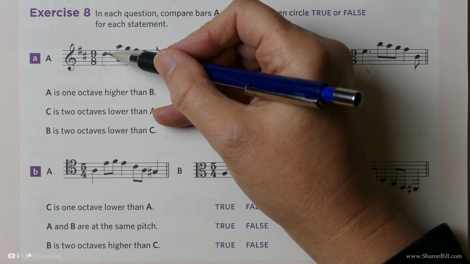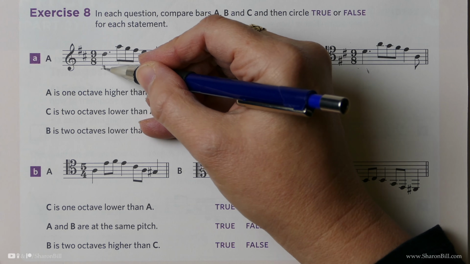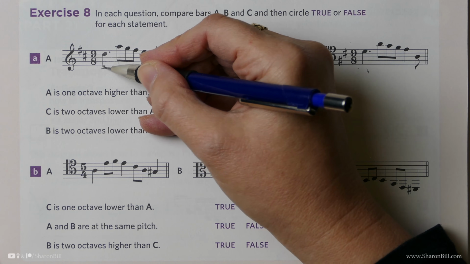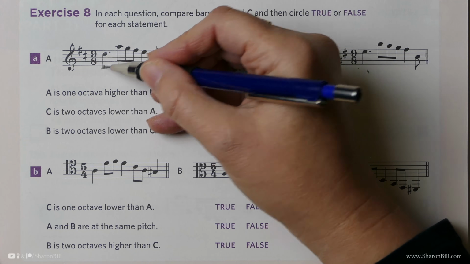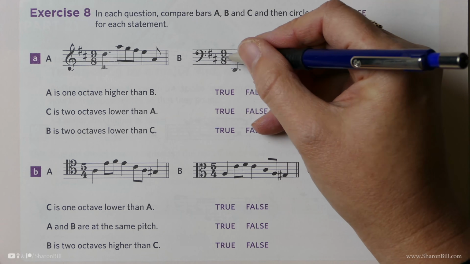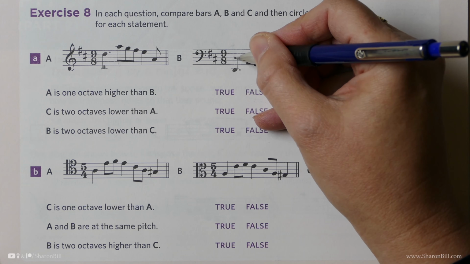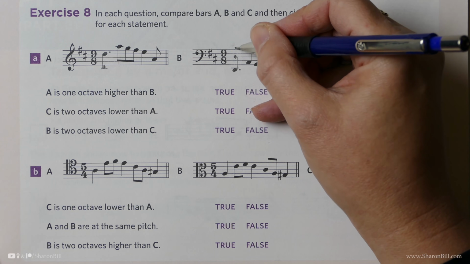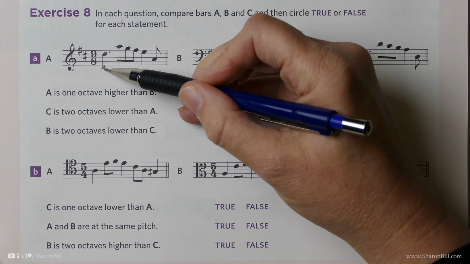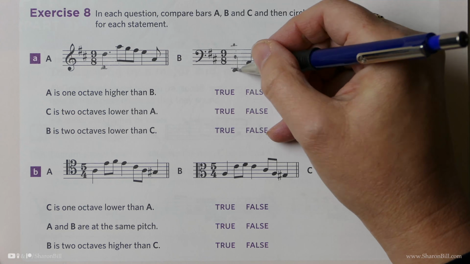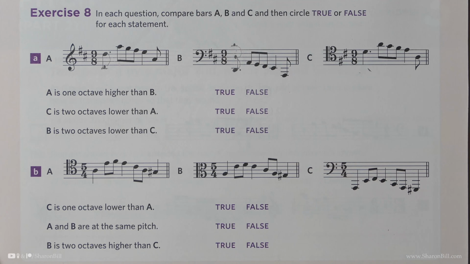So here in the treble clef, we have a D. There's the octave lower. So one octave lower is just next door to middle C. So we're an octave plus one above middle C here. Here we have in the bass clef a D. And this D, well, there's one octave, and then there's the octave to the D above middle C. So we've got one octave, two octaves, and then another octave, three octaves.